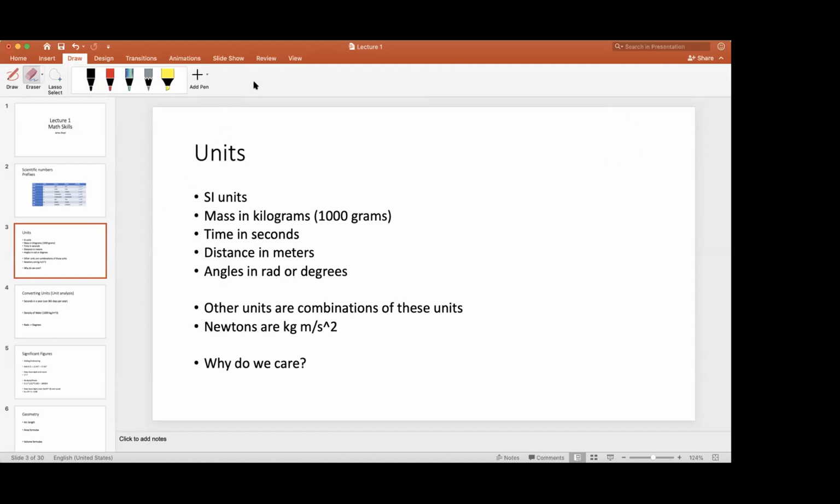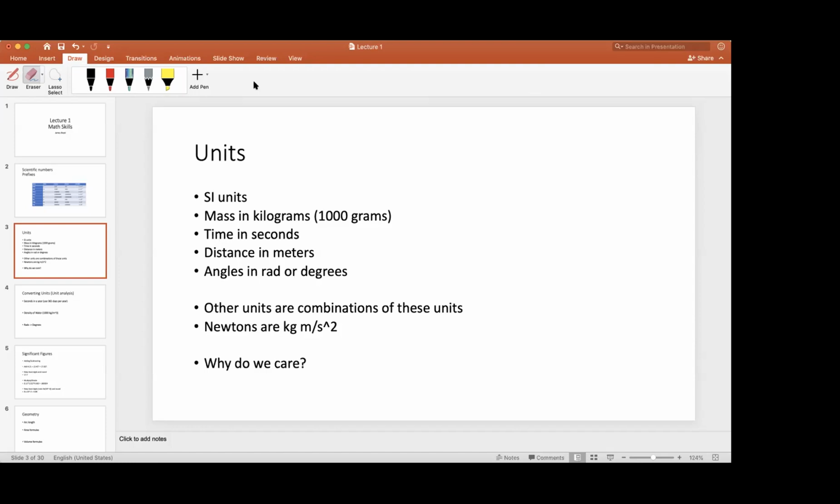As I said a moment ago, in this class we are going to use SI units, Scientific International or whatever they are. In those units, mass, and we're going to talk about mass in a couple days, it's not weight, not the same thing, but mass is measured in kilograms or thousands of grams.